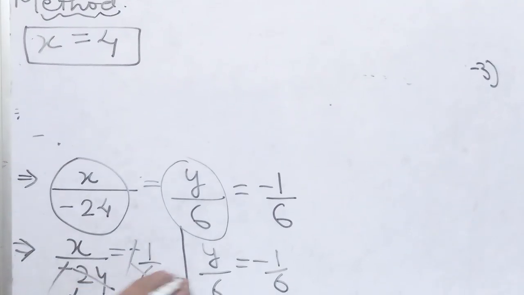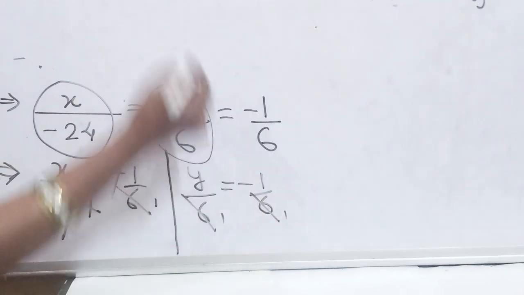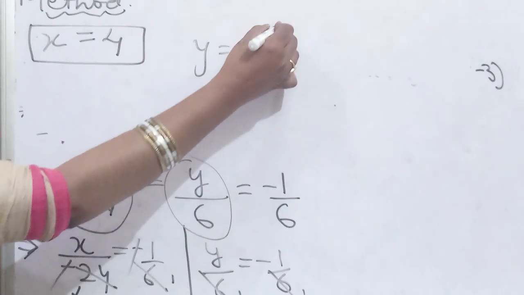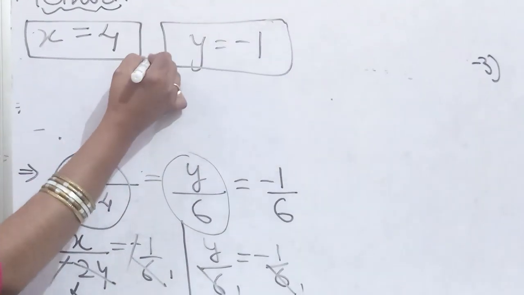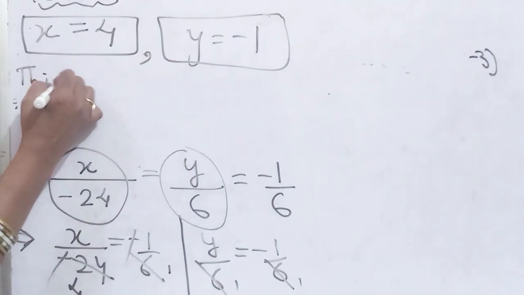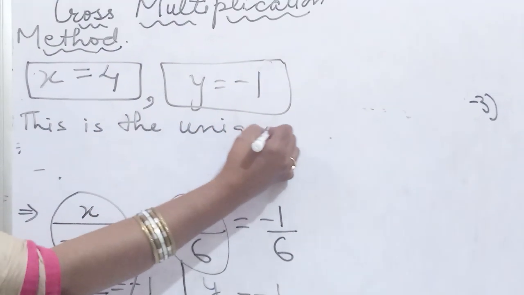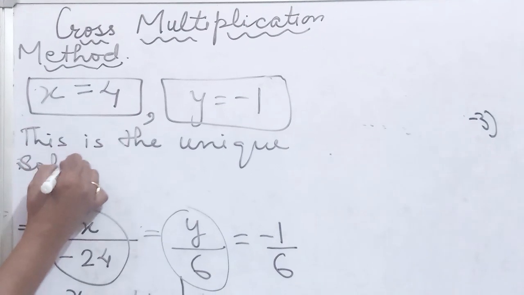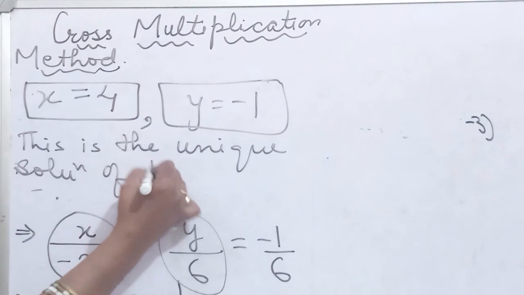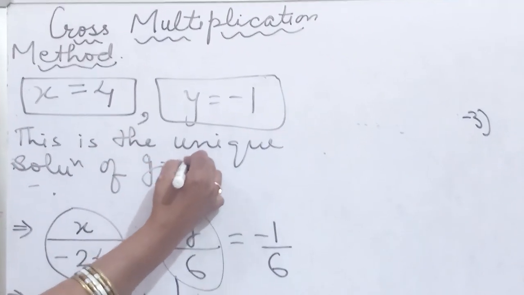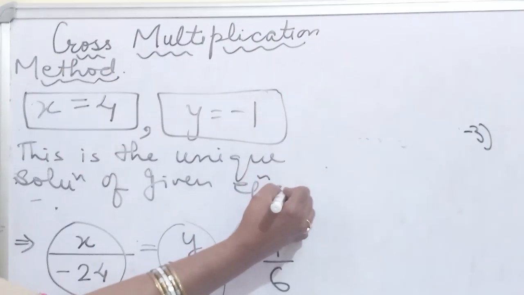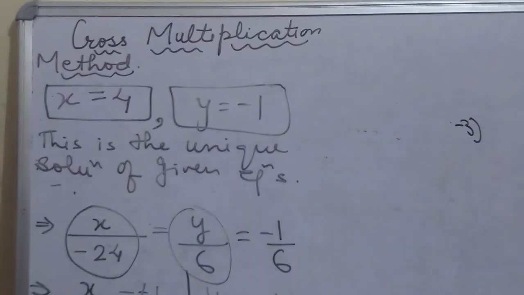In the same way, 6 ones is 6 and y is equal to minus 1. And this is the unique solution of the given equations. So this is the solution.